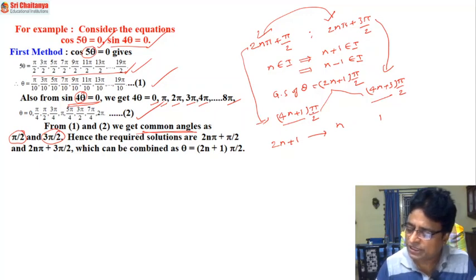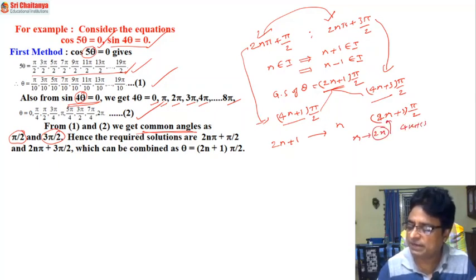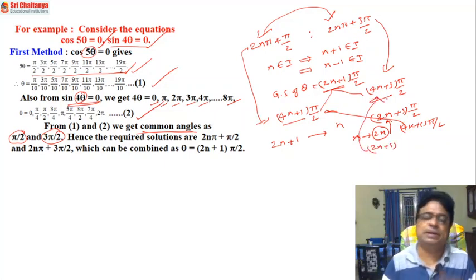So, in (2n plus 1) into pi by 2, if you replace n with 2n, that is (4n plus 1) into pi by 2, nothing but this one. If you replace n with 2n plus 1, then you get (4n plus 3) into pi by 2.